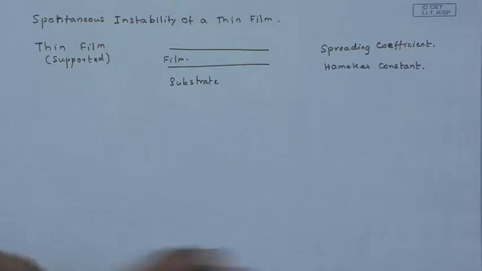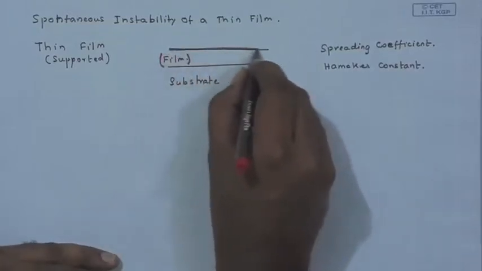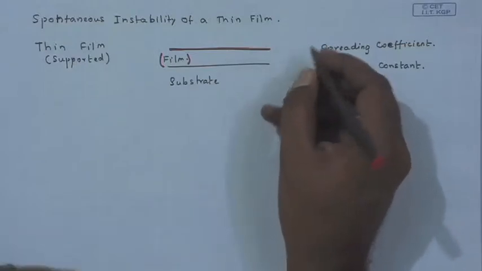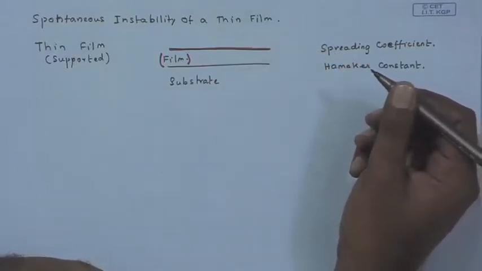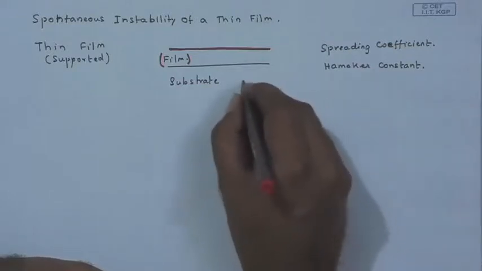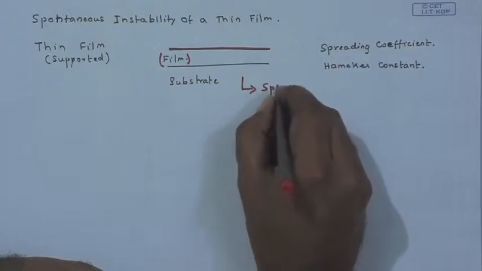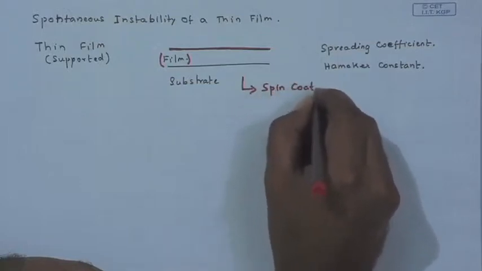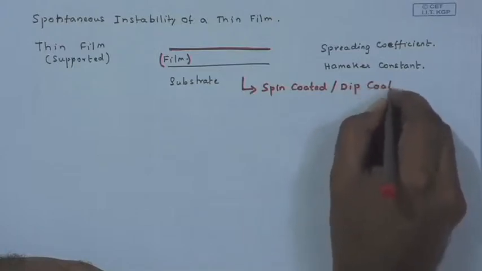Of course, thin film we have yesterday understood that the easiest way to define, or we talk about essentially, a supported thin film which is coated on a substrate, which is the easiest system to sort of identify. It can be spin coated or dip coated, or there are other mechanisms also.